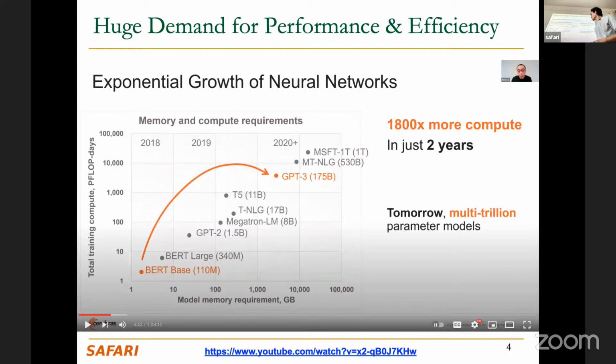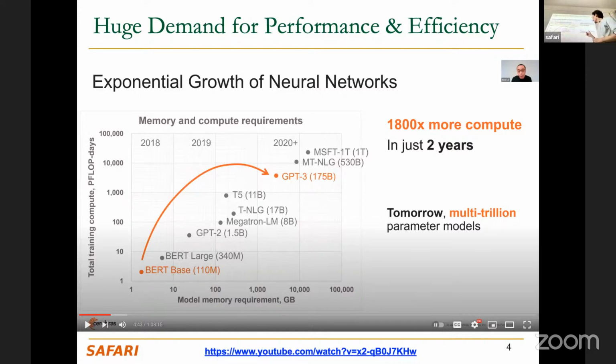As an example, I can show you this plot of the exponential growth of neural networks, where you can see how the size of networks has evolved in the last couple of years. For example, if you look at the one that is highlighted, GPT-3 is more than 100 times larger than the previous generation, GPT-2. This is just an example.